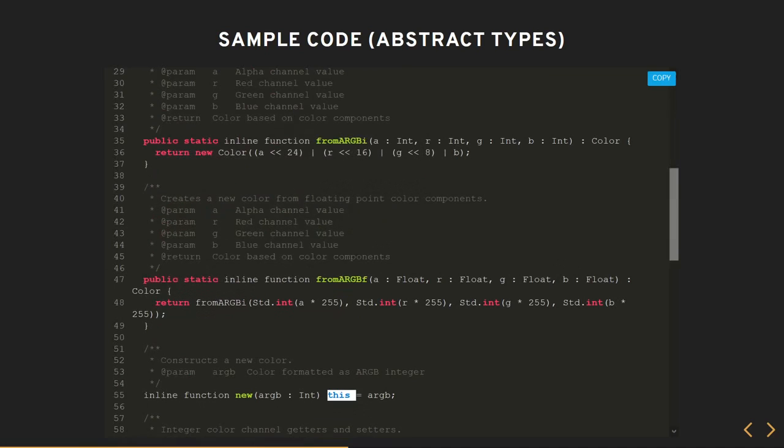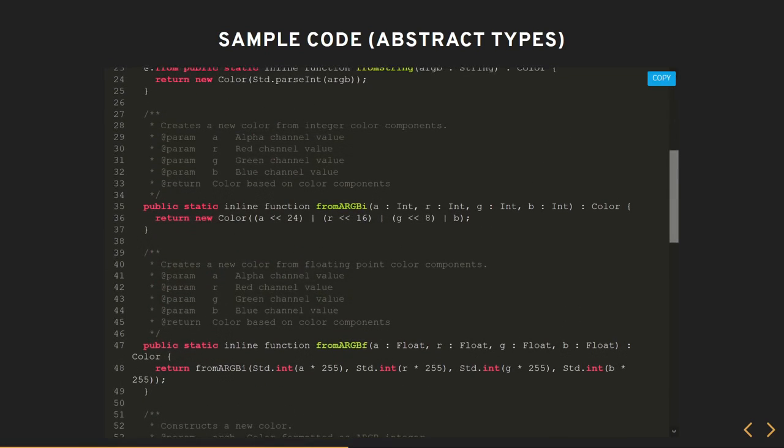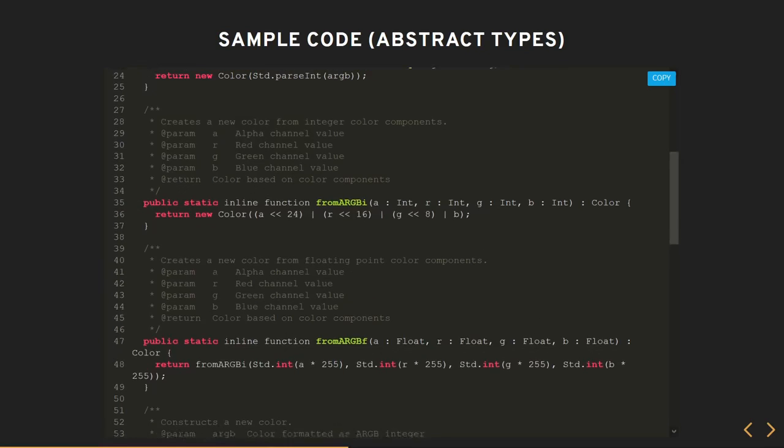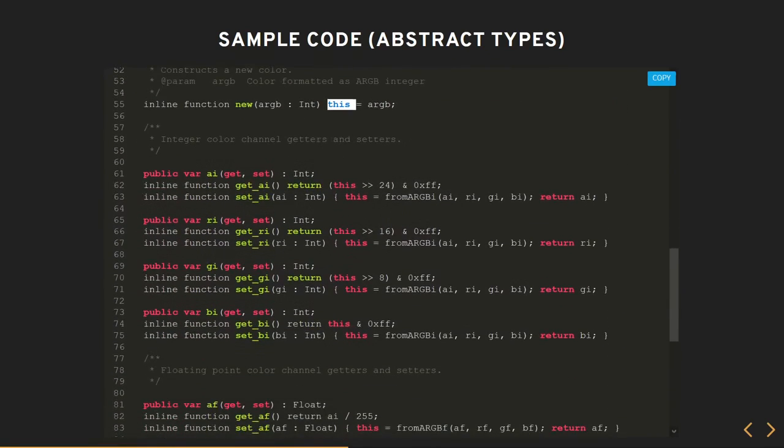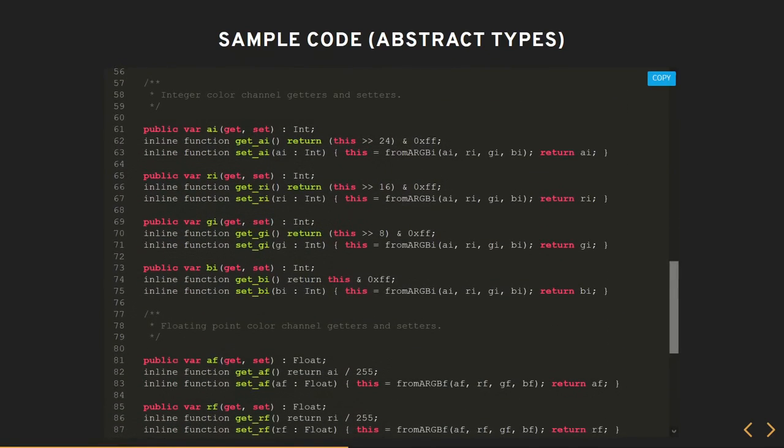Is this okay so far? Yep. All right. So now we finally get to the benefits of all of this. For example, if I want to get the red channel as an integer, now I can define a function for this, which is going to take our value and do the appropriate bit operation.